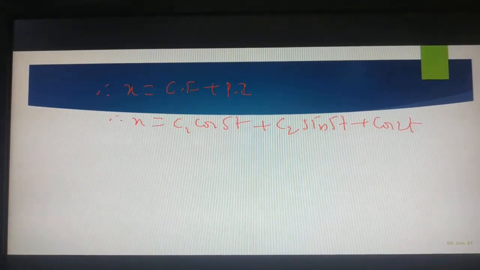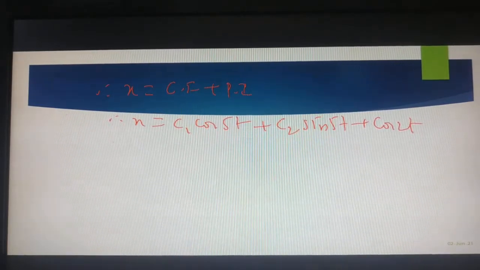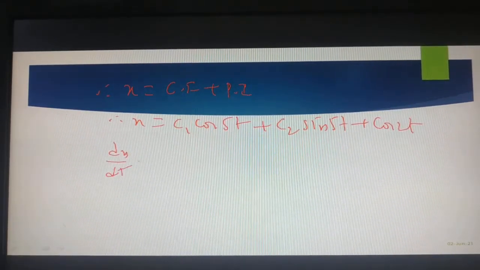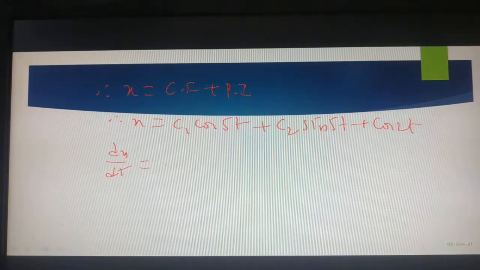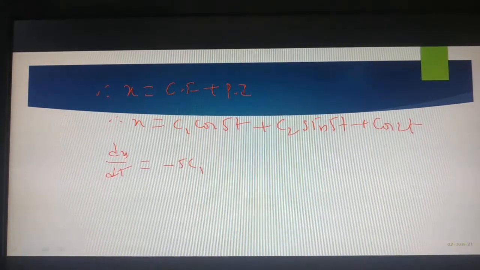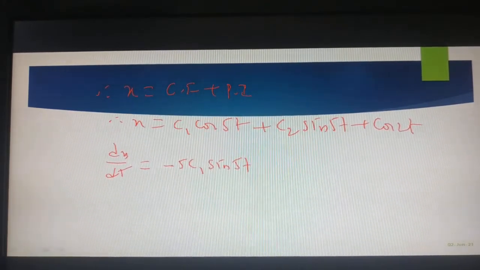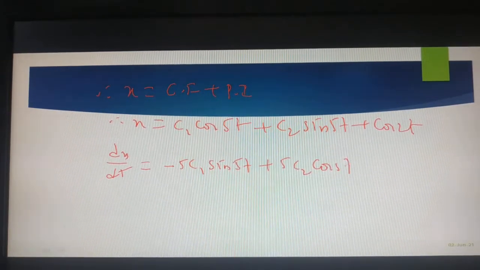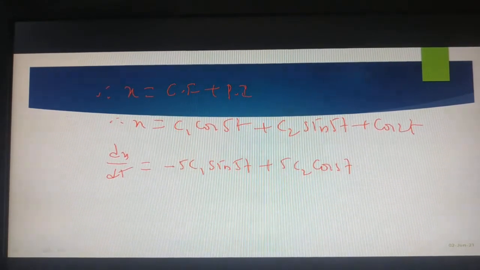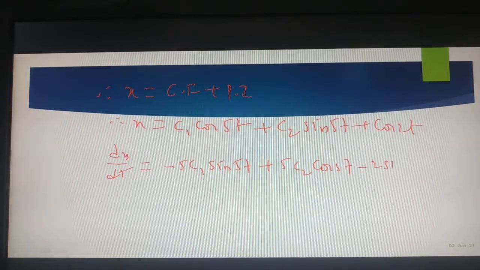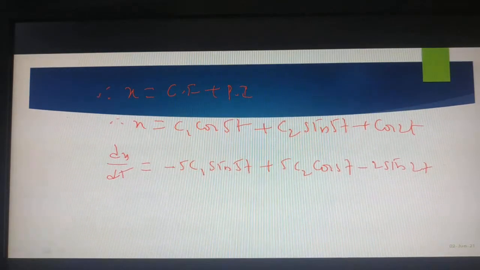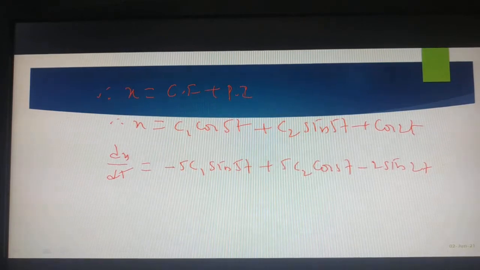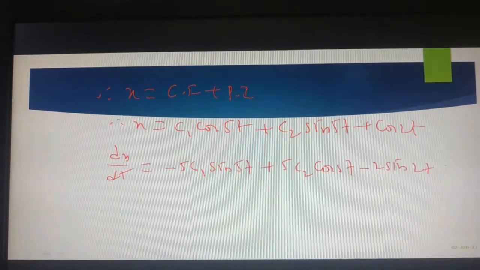So to find x dash of t, or dx by dt, I can just differentiate with respect to t. This is minus 5 c1 sin 5t plus 5 c2 cos 5t, then this will be minus 2 sin 2t, correct? So now you have to use the initial conditions.